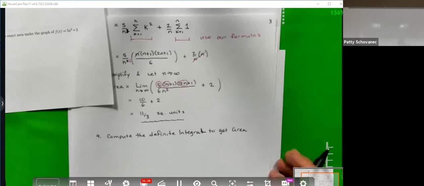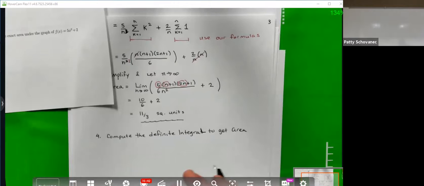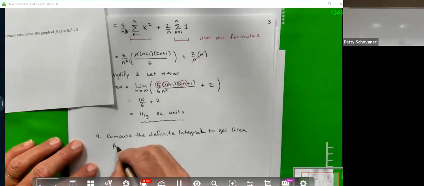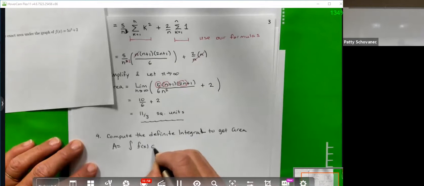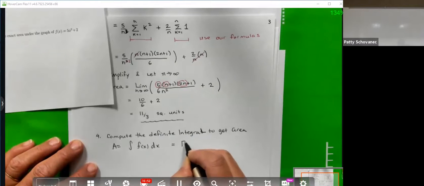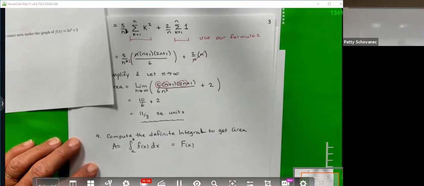So in general, if you've got some positive function bounded above the x-axis between the vertical lines A and B, the area is given by the antiderivative of that function, which we called capital F, and then you evaluate it at those 2 points.